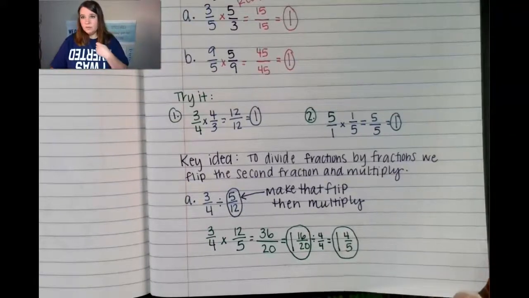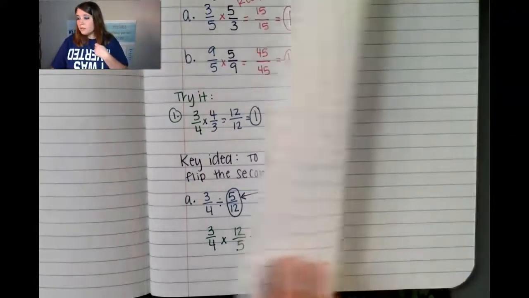So again, we are looking at reciprocals. We're looking at this idea of building upon what you learned in 5th grade around keep it, change it, flip it. Yes, we know this rule. We know keep, change, flip. But why does keep, change, flip work?